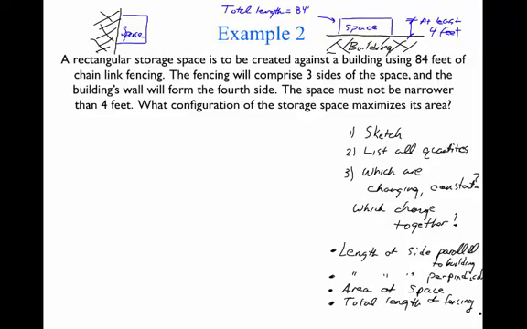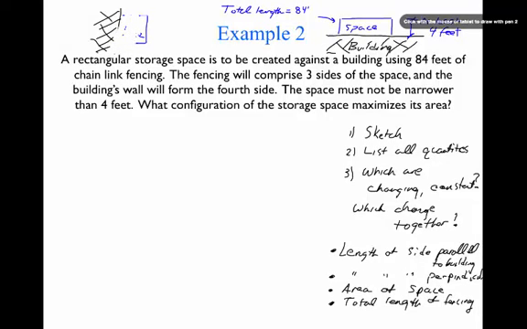I'm just wondering, is it that the length of the side parallel to the building can't be under 4 feet, and the length of the side perpendicular can't be under 4 feet? So it's not really clear, but the implication is that it's both.